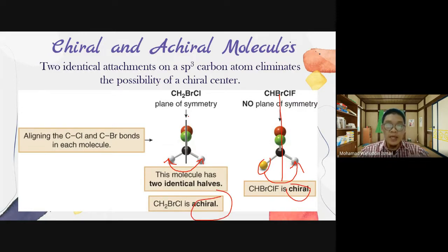So that's why stereochemistry, stereoisomers, needs your imagination of the 3D arrangement of your compound.